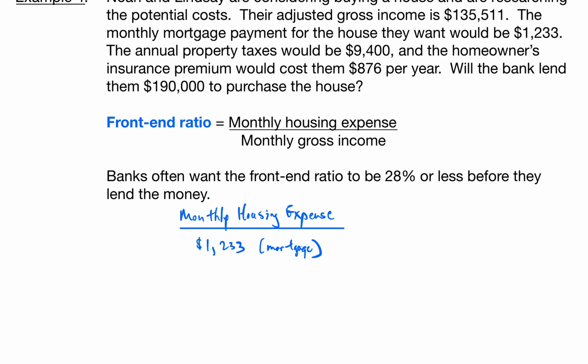The property tax is going to be $9,400 divided by 12 because that's on an annual basis. So we want to know what the monthly amount is going to be. And that amount works out to $783.33. So this is property tax. And insurance, home insurance.